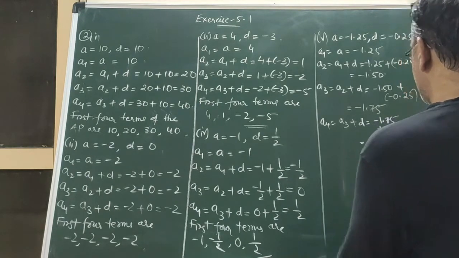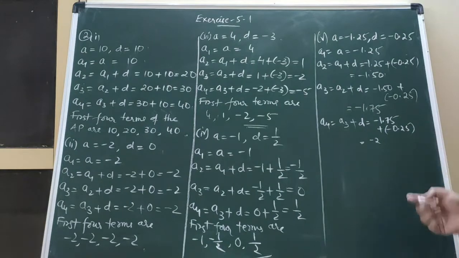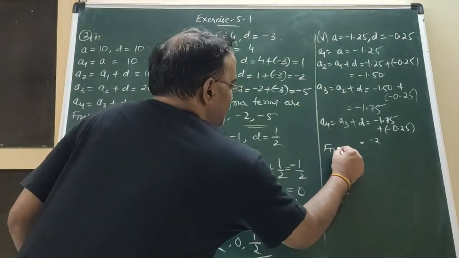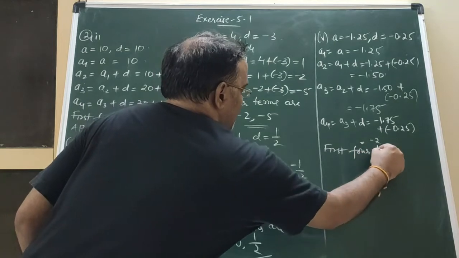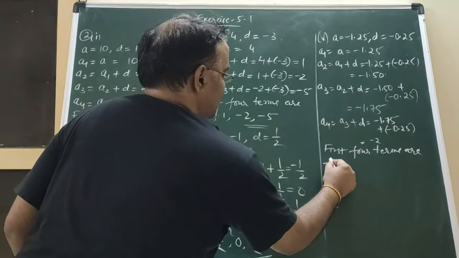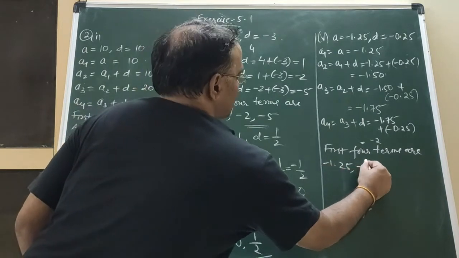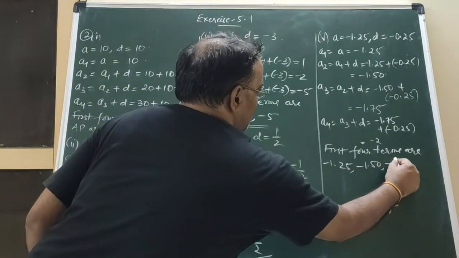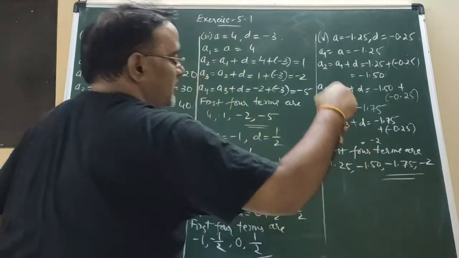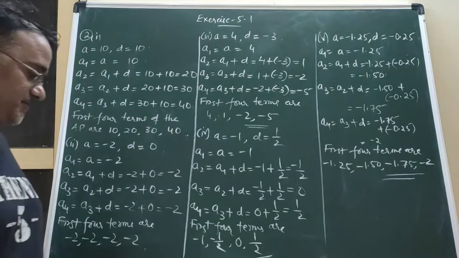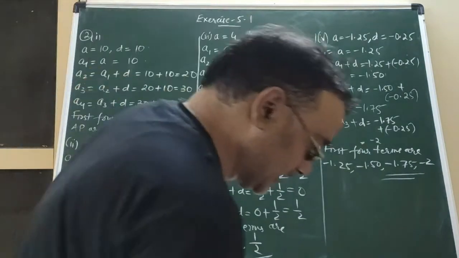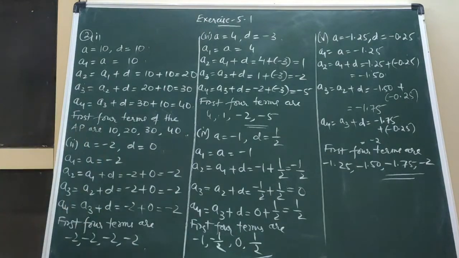So this will be equals to -2.0 or -2. So first 4 terms are -1.25, -1.50, -1.75, -2.0, or -2. Okay. So second question completed. Now we'll move towards the third question.